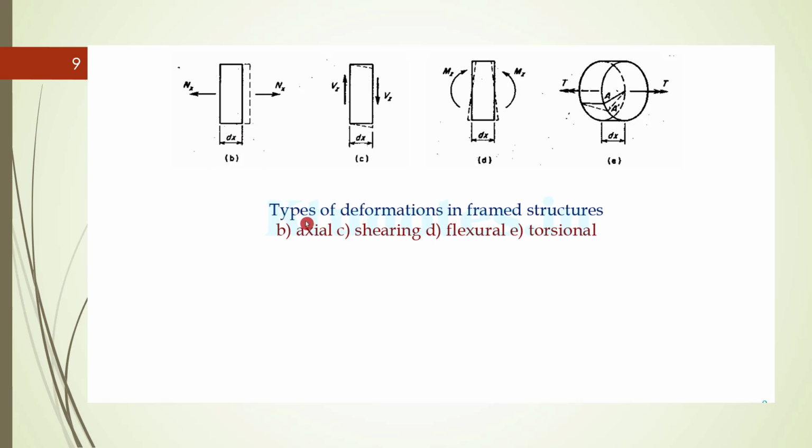And the types of deformations in a frame structure can be axial, shear, flexure, and also torsional, which will twist the element.